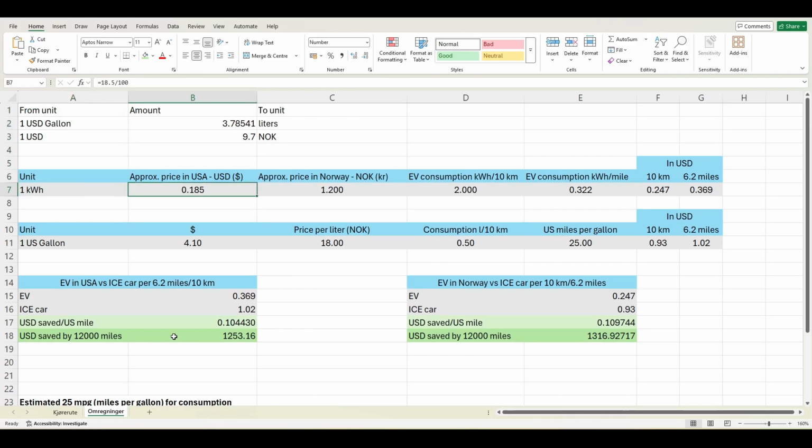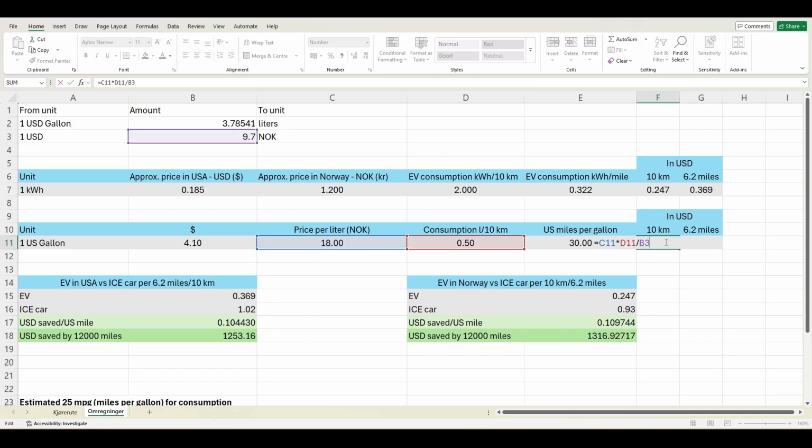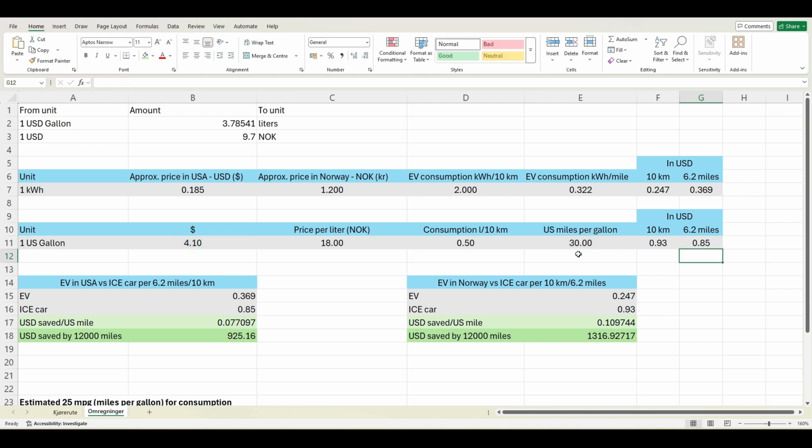So what if we go by 30? There we go. Yeah, you save a little bit of money on that with a better, newer car.